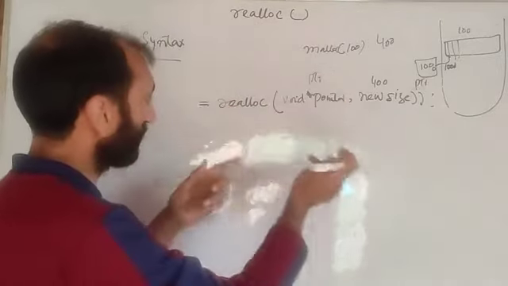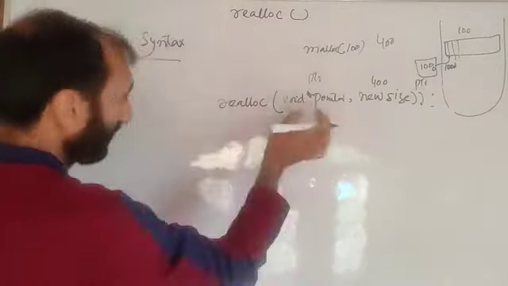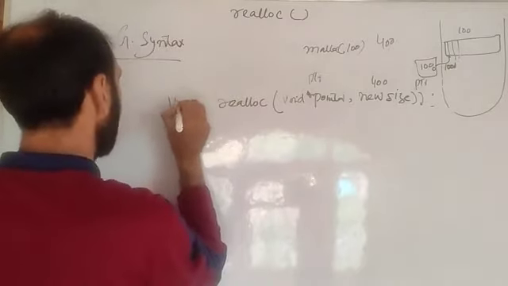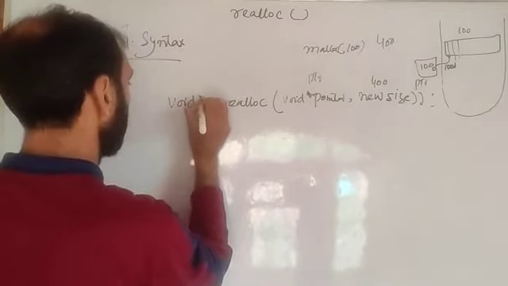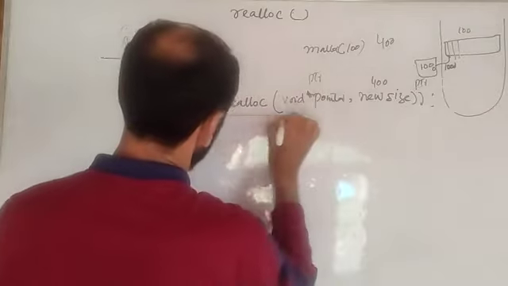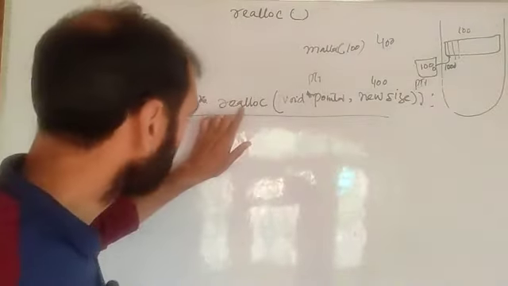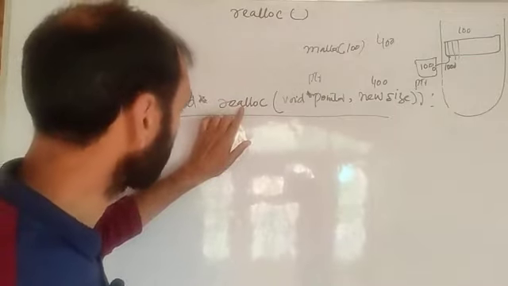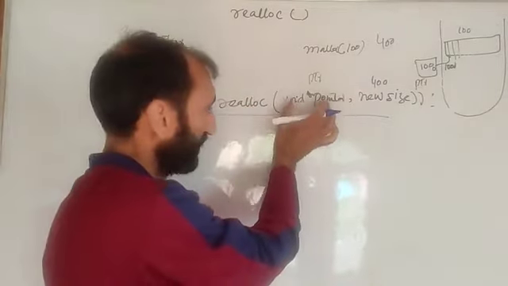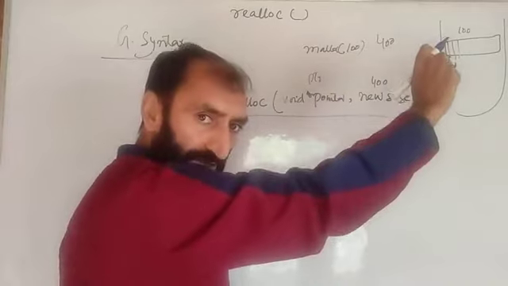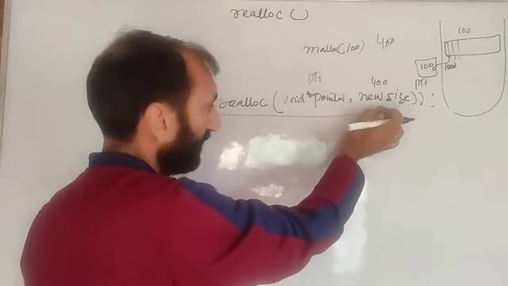And what is it going to return? The return type of realloc is the void pointer. This is the general syntax of the realloc function. Realloc is the name of the function, and it takes two arguments: first is the void pointer, that is the previous pointer, and second is the new size.